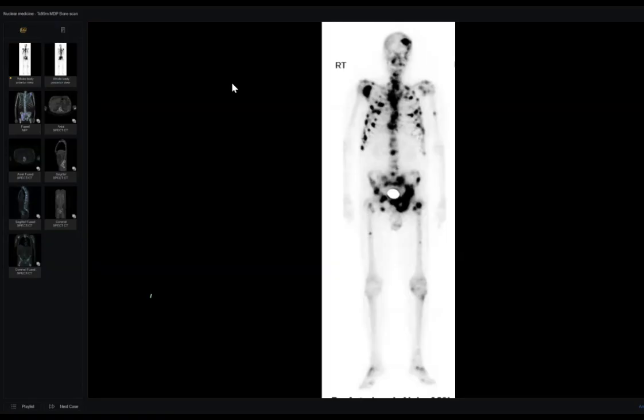Which zone of the prostate? The peripheral zone is more involved in carcinoma, and the central zone in benign prostatic hypertrophy.